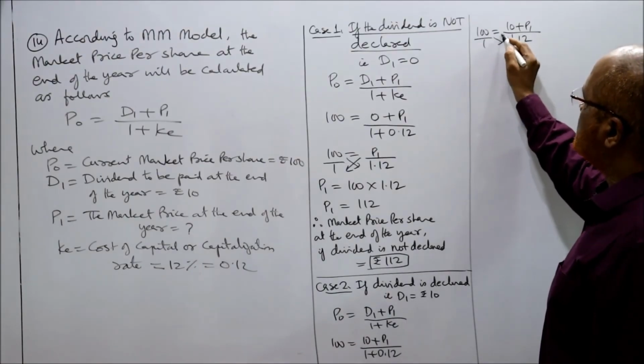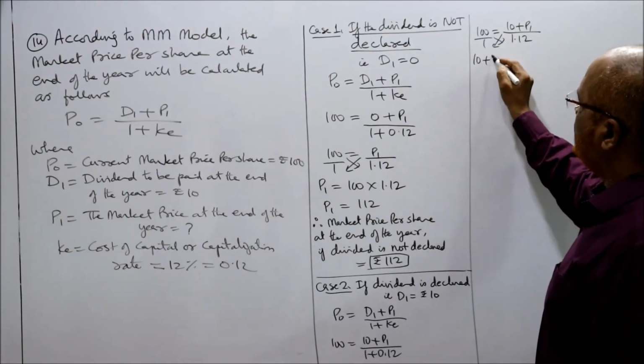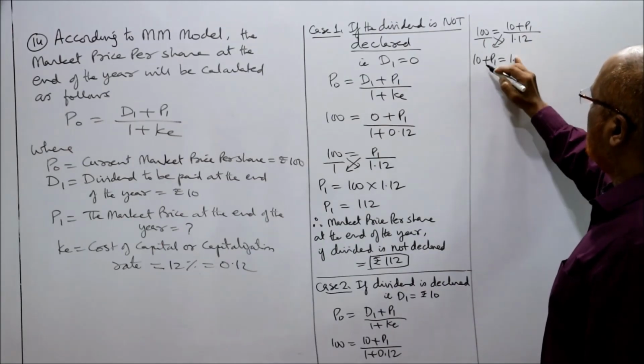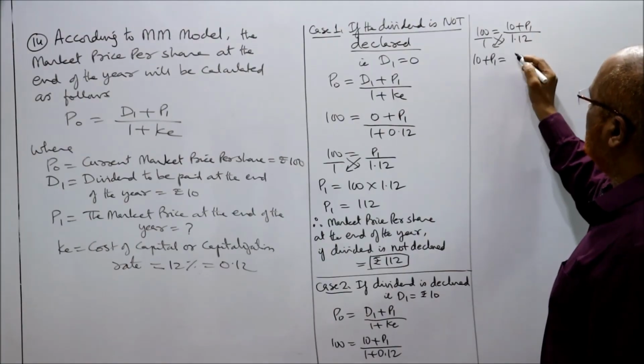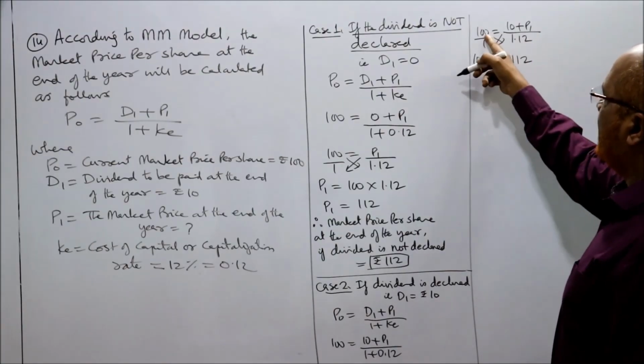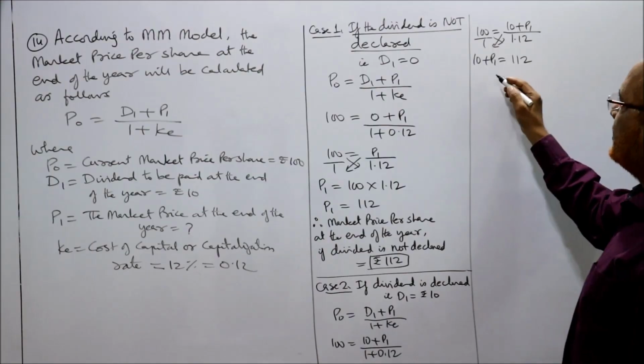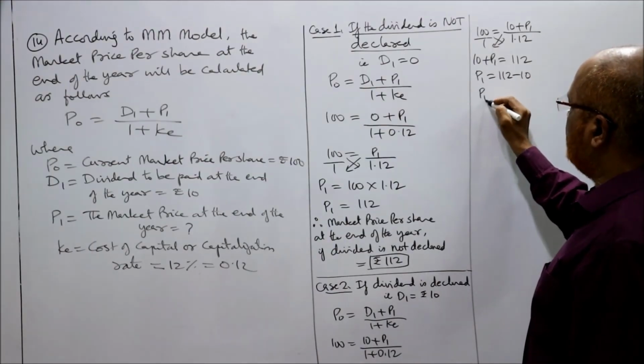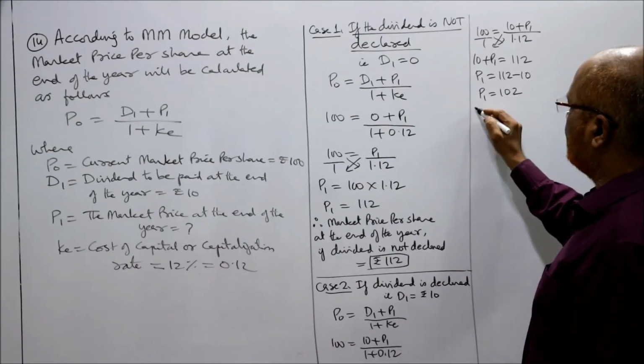Now if we make a cross multiplication, 10 plus P1 is equal to 100 into 1.12. 10 plus P1 is equal to 112. So P1 is equal to 112 minus 10. P1 is equal to 102.